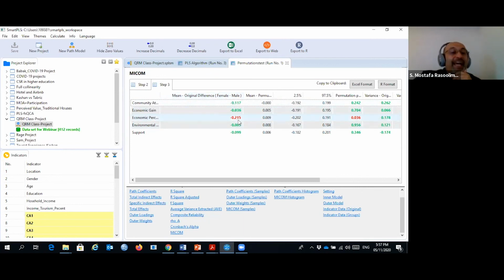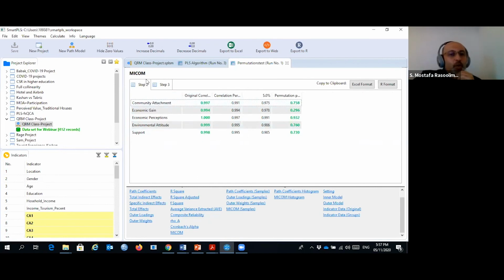So when we have at least one significant difference, it means we cannot pool or combine data. But for multi-group analysis, we only need step 1 and step 2.